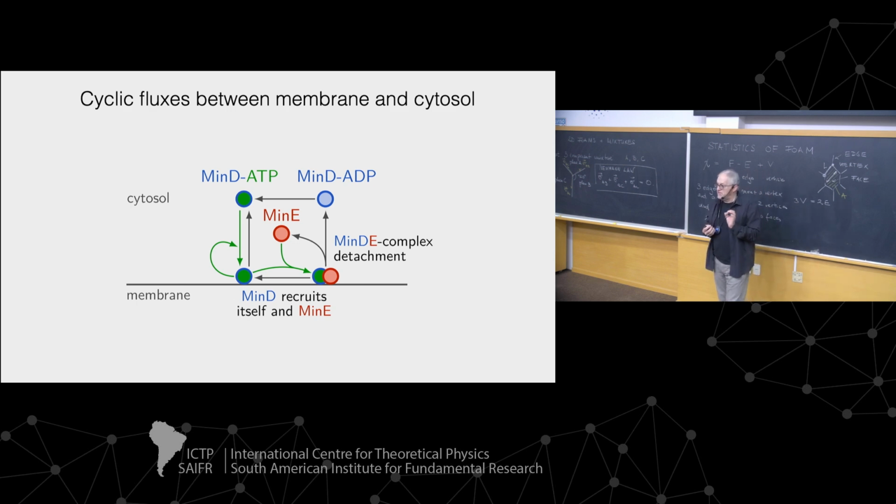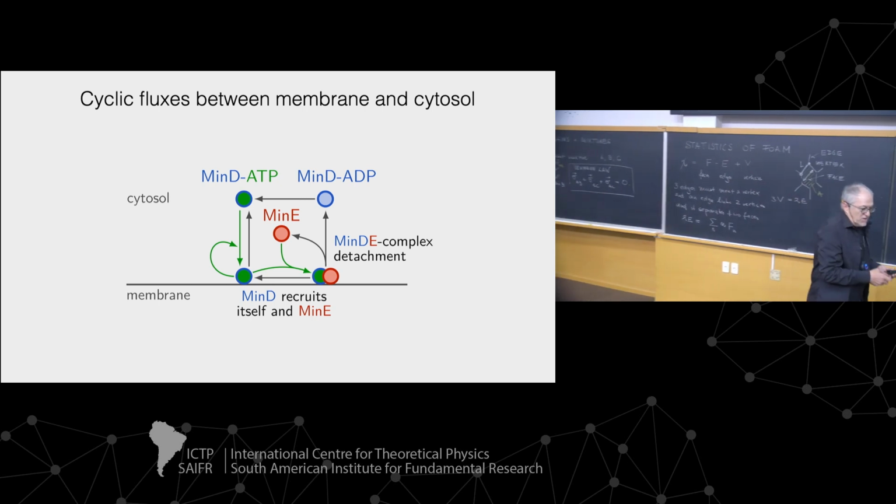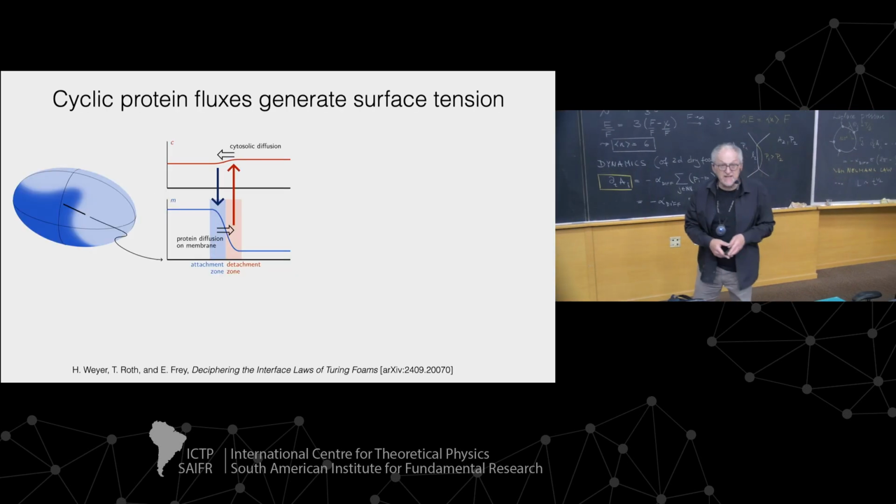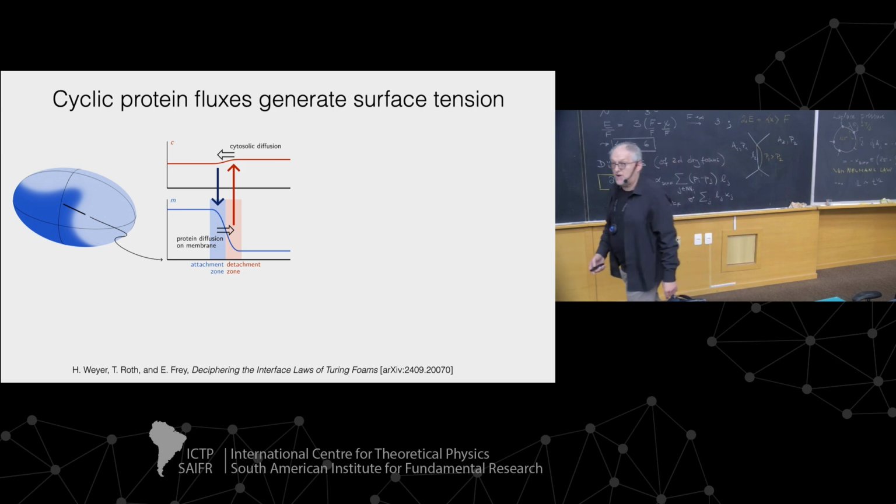And now let me use this only fact, cyclic fluxes between the membrane and the cytosol. Good. Now, and please ask questions if you can't follow, because that's really the key argument that will come now. The rest is, so to say, consequences of that.